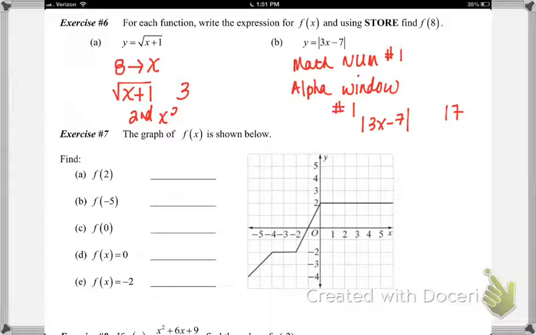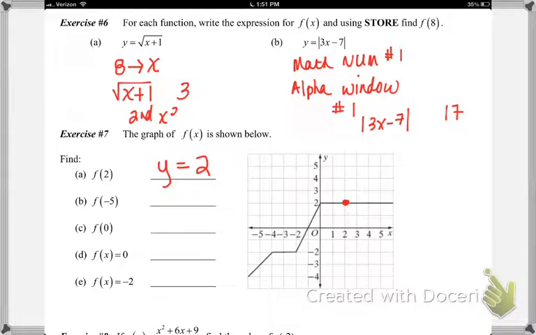Alright, using the graph of f of x, find f of 2. So, where x is equal to 2, what is our y value? So when x is equal to 2, y is equal to 2.